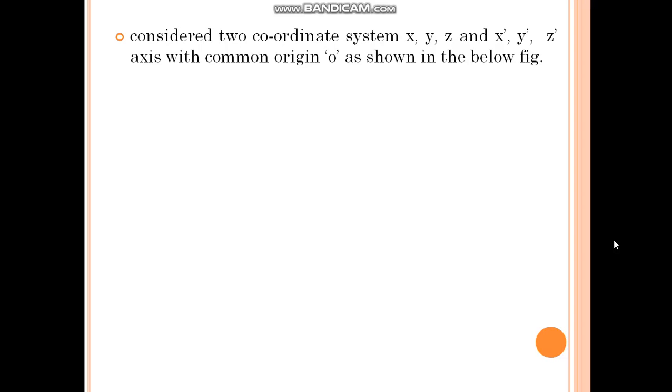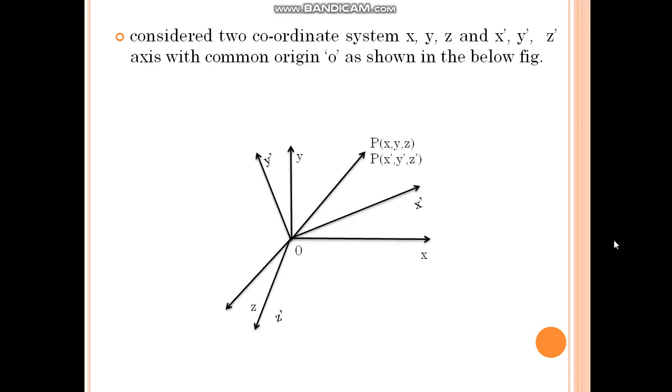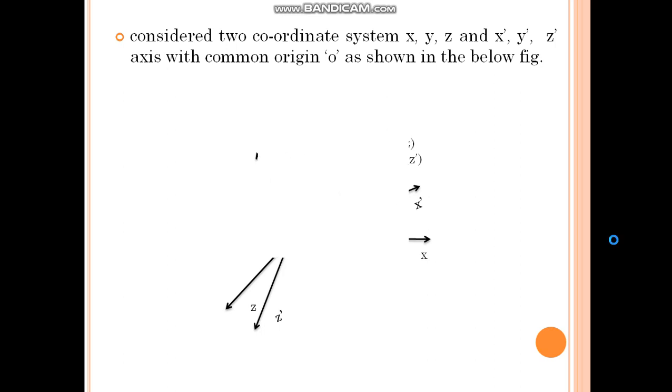Consider two coordinate systems x, y, z and x dash, y dash, z dash axes with common origin O as shown in the below figure. Let us consider the point P in space and keep the point P position the same and rotate the coordinate axes x dash, y dash, z dash, but the magnitude of the position coordinate will remain the same.